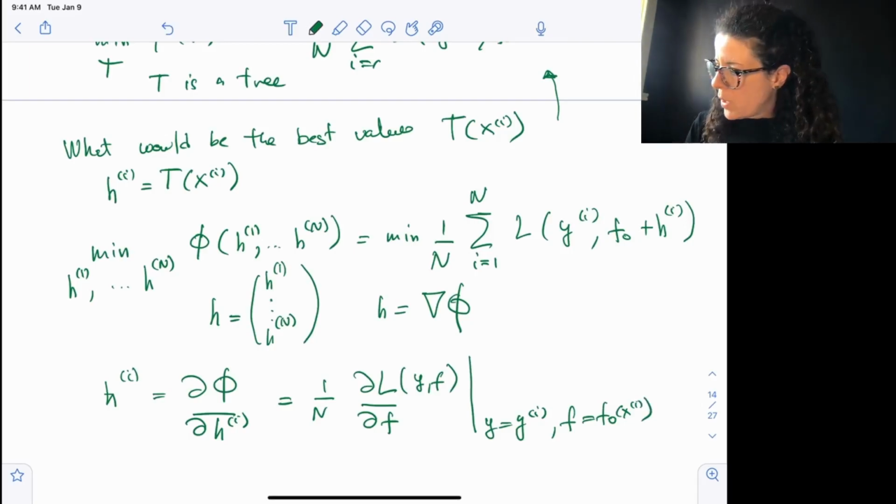Okay, so why is that? Well, if you're going to differentiate this function with respect to hi, just one of these functions depends on hi, the one that corresponds to the point xi. Sorry, there's a minus here too.